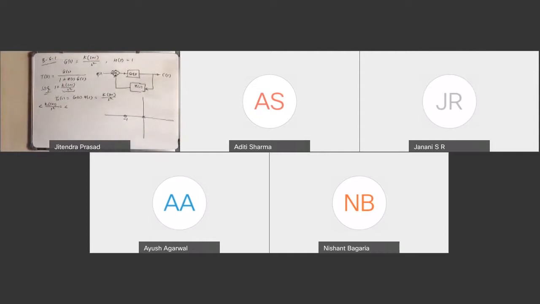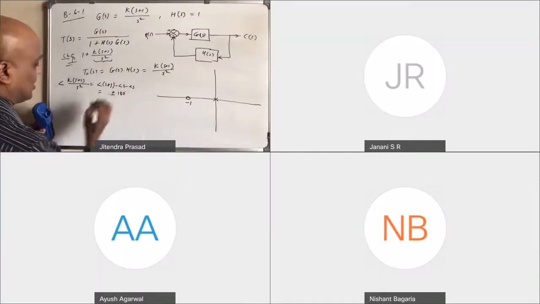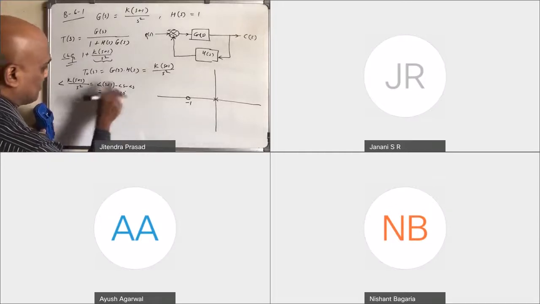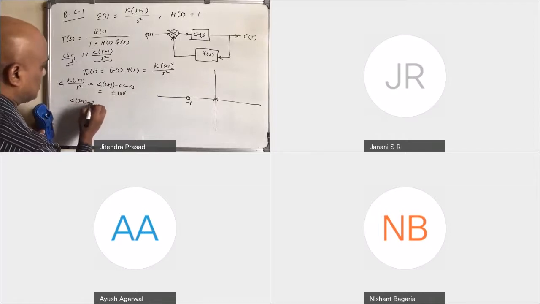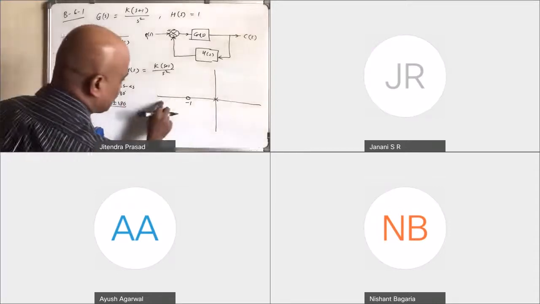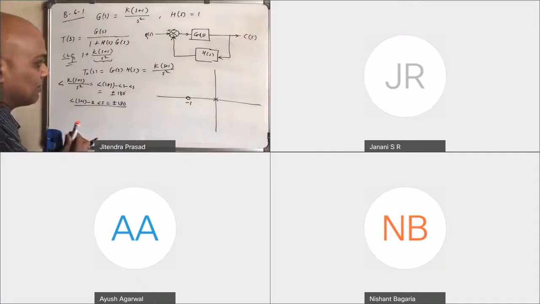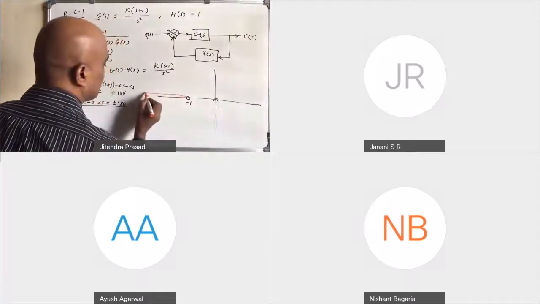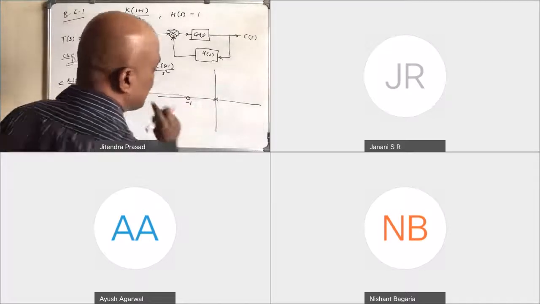K you can take out, since the angle does not involve K. So simply, angle of s plus 1 minus angle of s minus angle of s has to be equal to plus or minus 180 degrees. So angle of s plus 1 minus 2 times angle of s has to be plus or minus 180 degrees, and what we get is the root locus here as far as the real line is concerned.